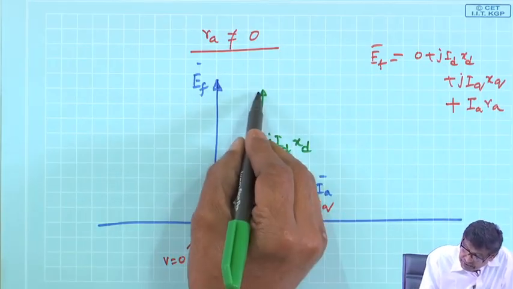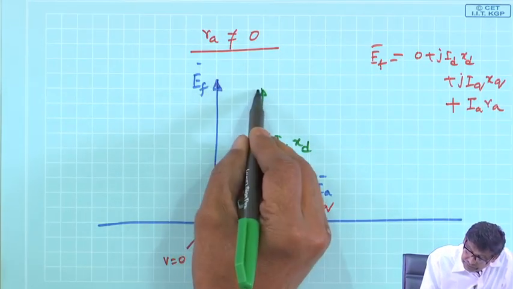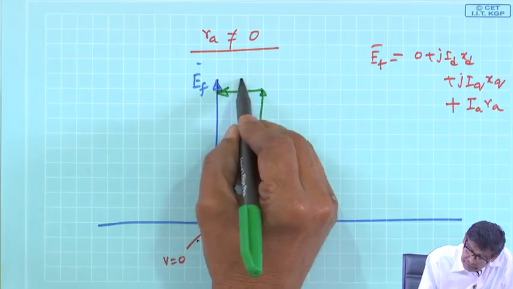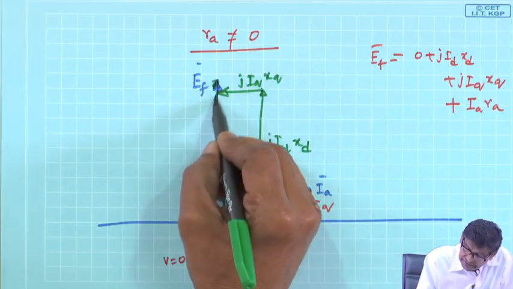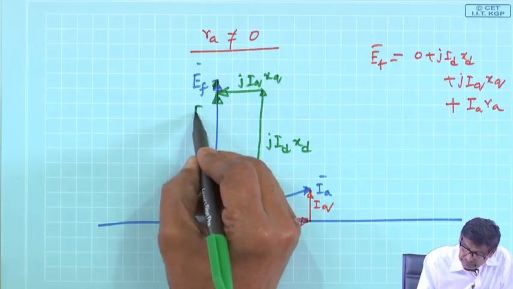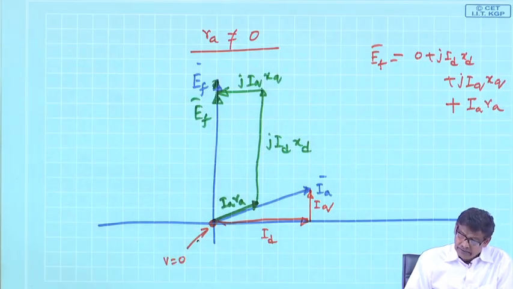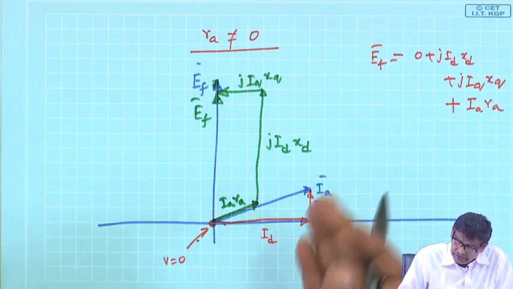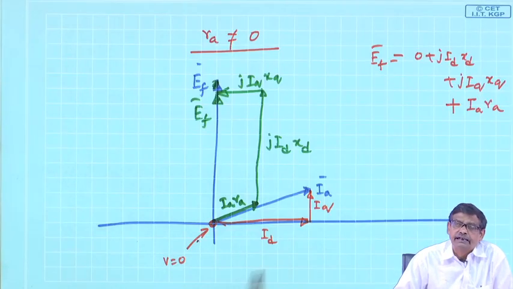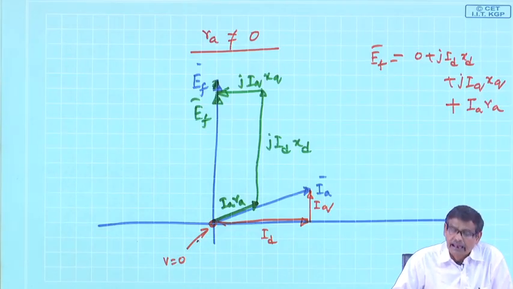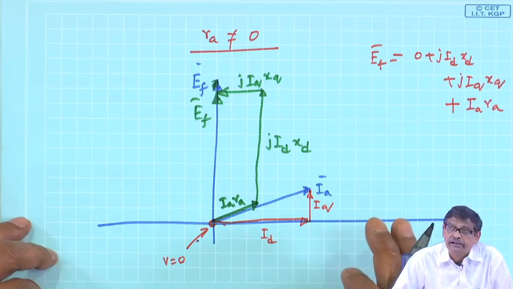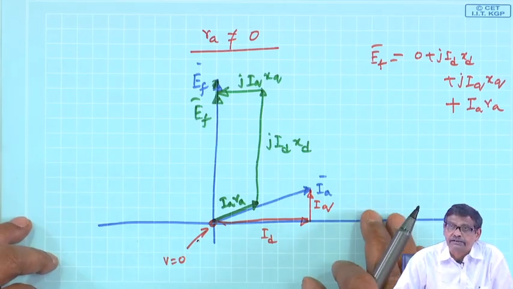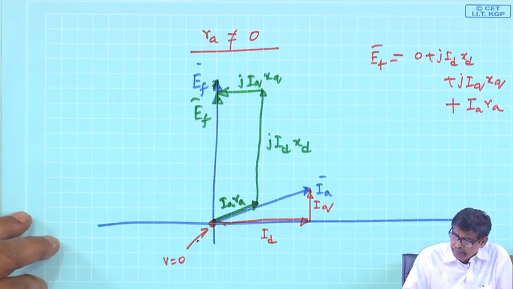And then j I q x q, and this is your E f. So this will be the likely phasor diagram of a salient pole synchronous machine under short circuit conditions. Is that clear?